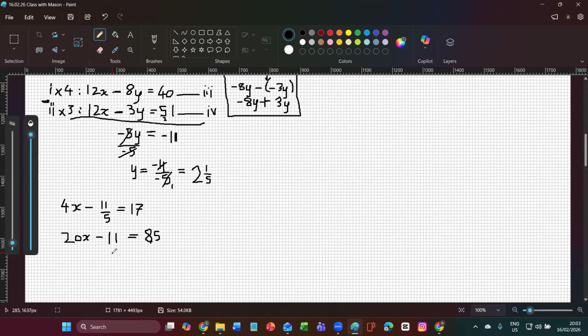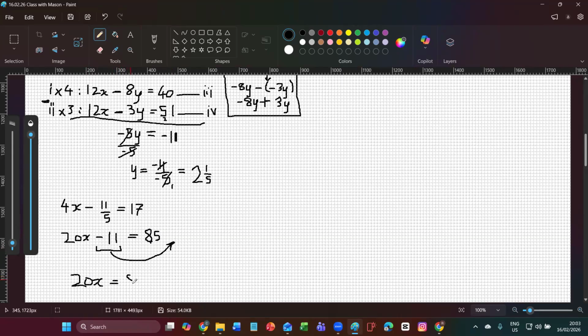Okay, so what are we going to do? Remember, don't forget the sign. We're going to take minus 11 to the other side. So it now becomes what? Plus 11, isn't it? So that's 20x equals 85 plus 11.